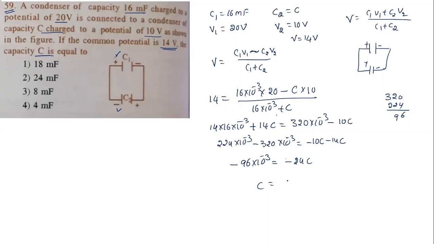Then C equals 96 into 10 power minus 3 divided by 24. How much do you get as the answer? You get an answer of 4 millifarad. So what is the option? Fourth option, 4 millifarad. That is the capacitance of the capacitor C2. That is 4 millifarad.